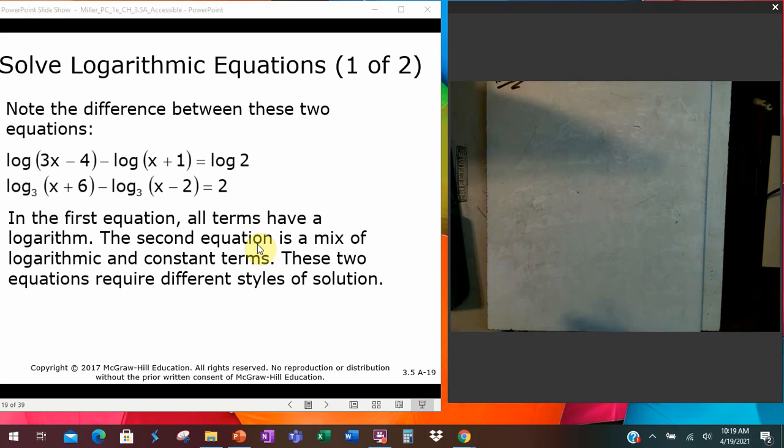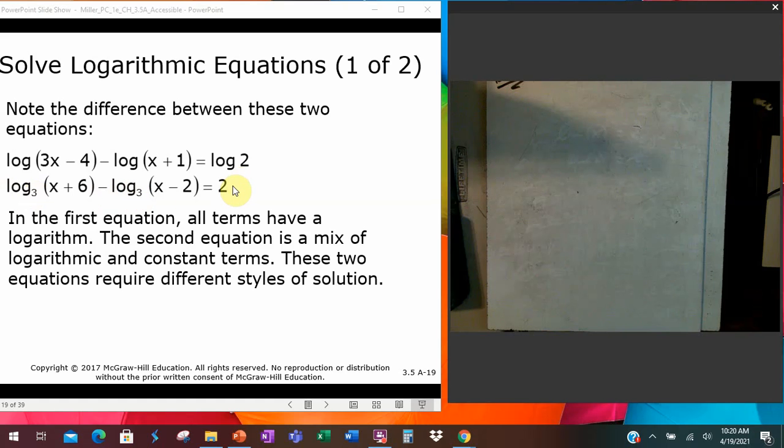So let's do this. At the top, I've got the log of 3x minus 4 minus the log of x plus 1 is equal to the log of 2. And in this one, I've got the log of x plus 6 minus the log of 3x minus 2 is equal to 2, a whole number. And here's 3.